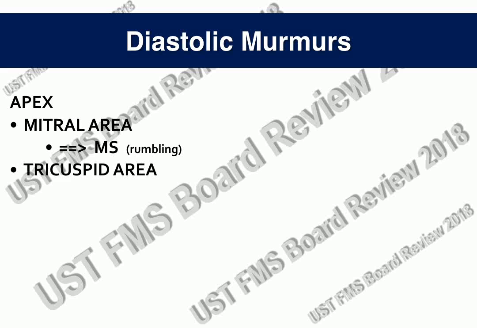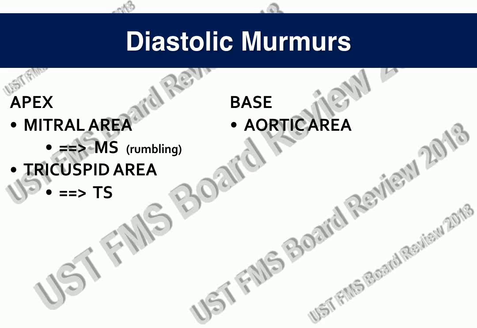On the other hand, tricuspid area, when you hear a murmur during diastole, corresponds to tricuspid stenosis, which is less common compared to MS. Moving over to the base, at the aortic area, you hear a diastolic murmur, and imagine what the aortic valve should be during diastole.